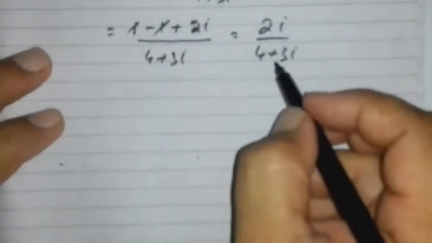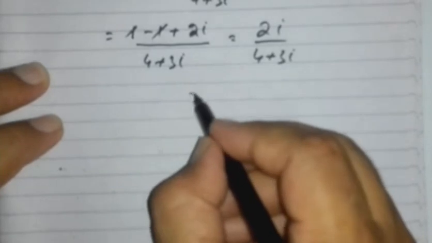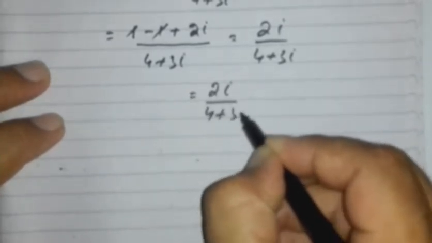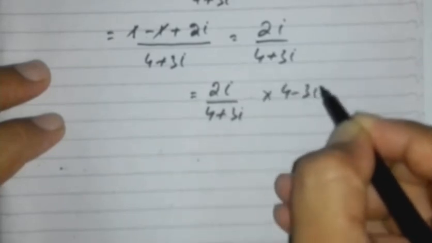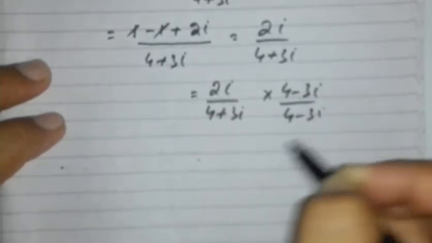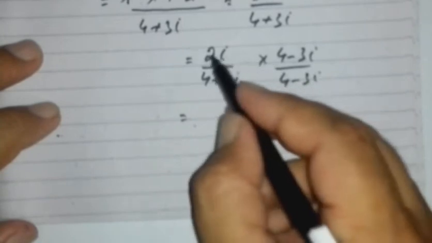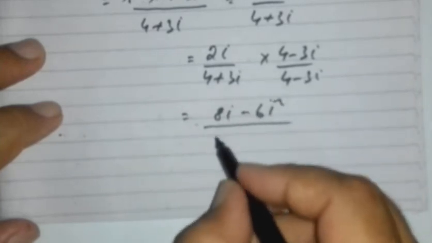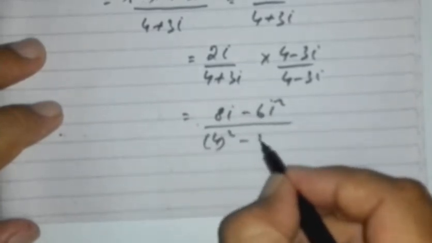Now multiply and divide by the conjugate of the denominator: 2 iota divided by 4 plus 3 iota, into 4 minus 3 iota over 4 minus 3 iota. 2 4s are 8 iota and 2 3s are 6 iota square, divided by 4 square minus 3 iota square.